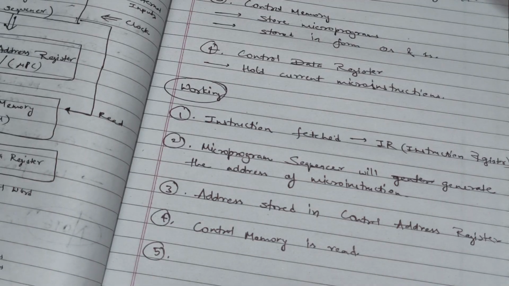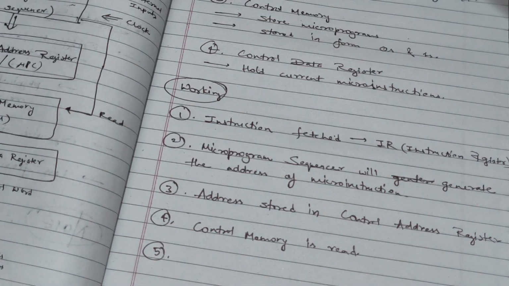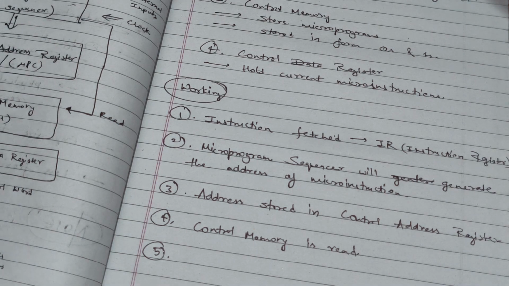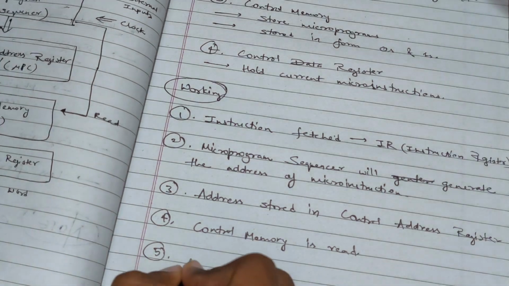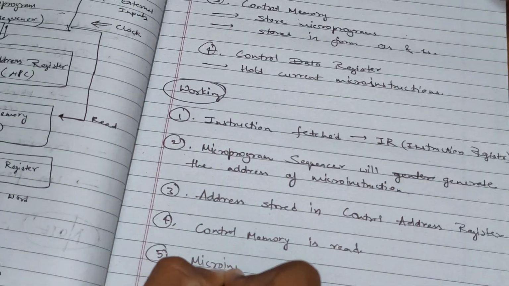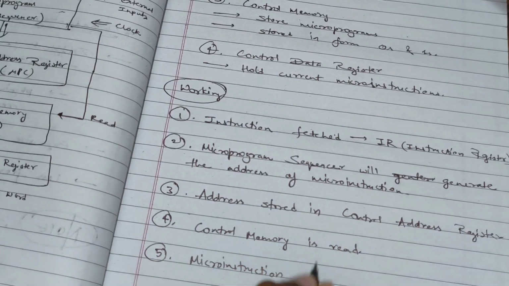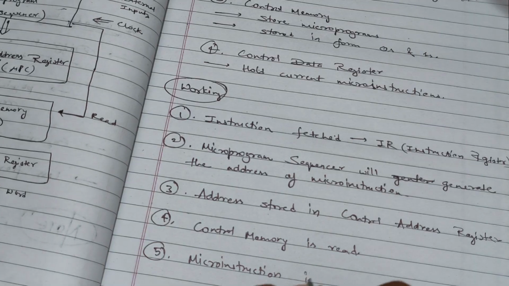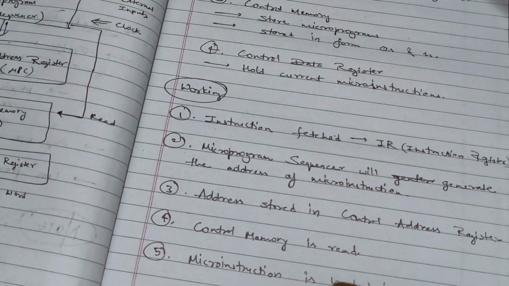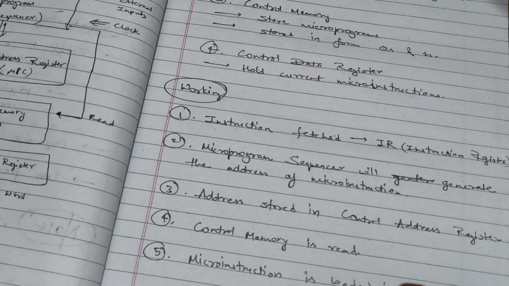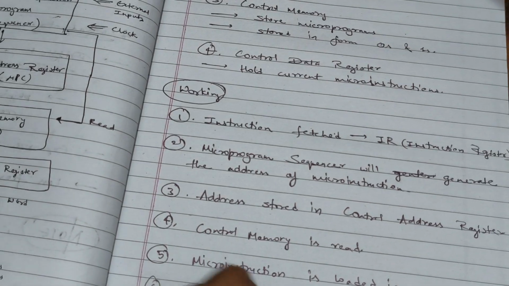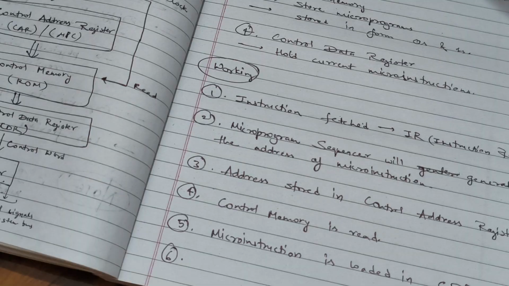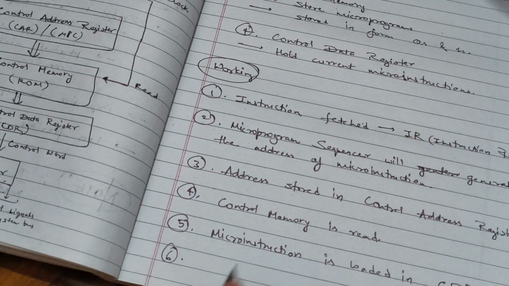So now our microprogram has been read, and we move to the next step, where we load that microinstruction into the control data register, CDR.